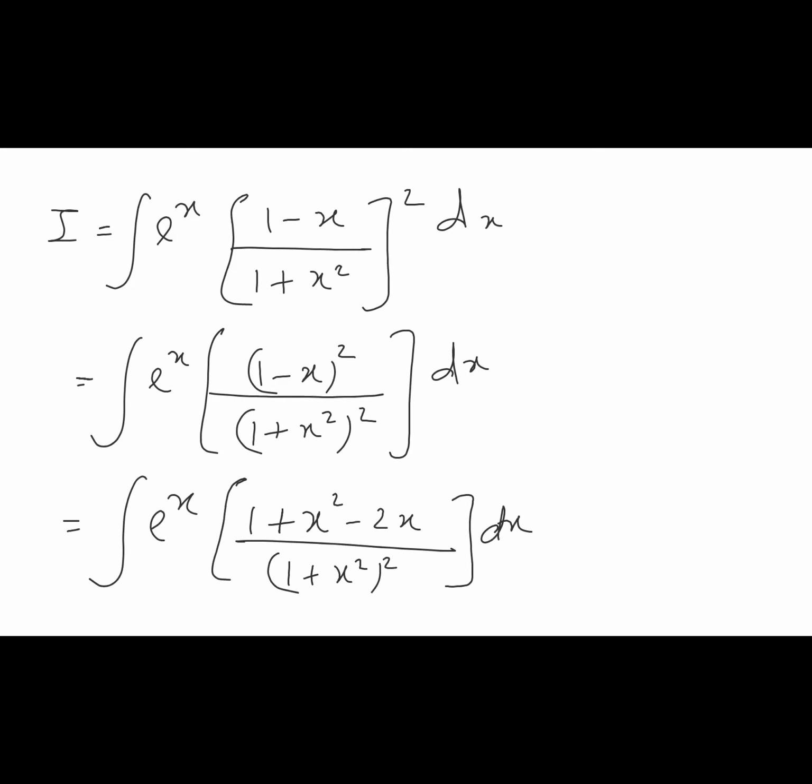Okay. What I've done is I've used a minus b the whole square, a square plus b square minus 2ab. Now what? Can you guess? Anyone? Now what can be done?